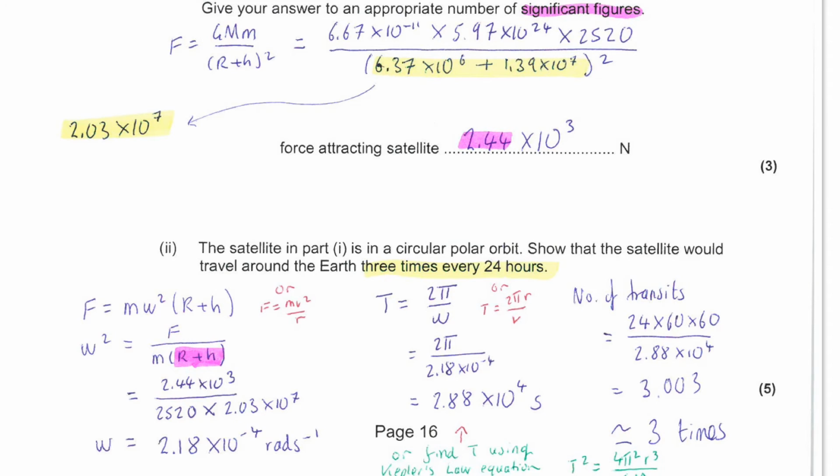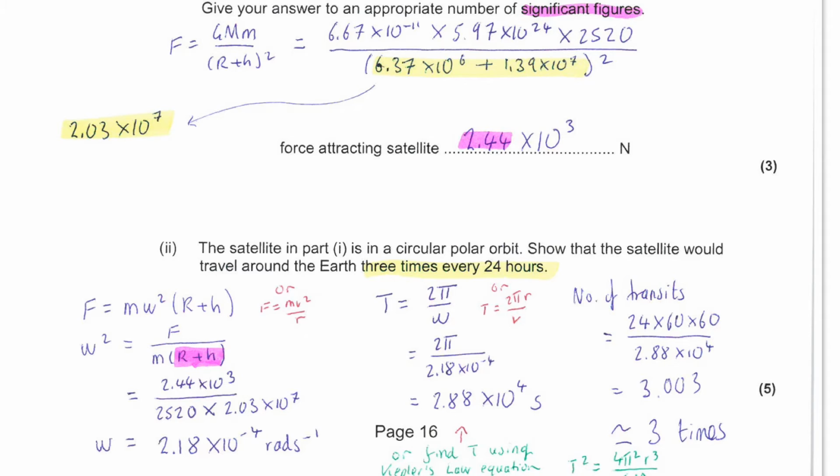Next, a calculation question. So we have a satellite of a given mass at a given height above the surface of Earth, and you are asked to calculate the gravitational force of the Earth attracting the satellite, giving an answer to an appropriate number of significant figures.